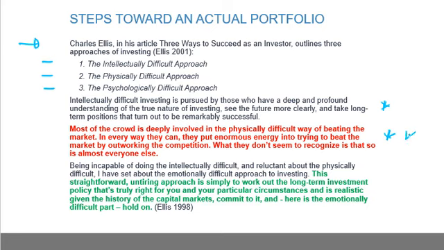So long-term on average, most funds don't beat their indexes, okay? Especially in the bigger, more efficient markets. In frontier markets, it's a little bit different. The physically difficult approach can lead to some returns that beat the market on average, okay? But being incapable of doing the intellectually difficult and reluctant about the physically difficult.